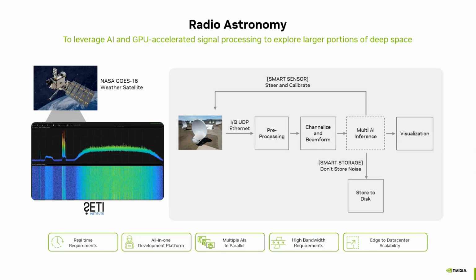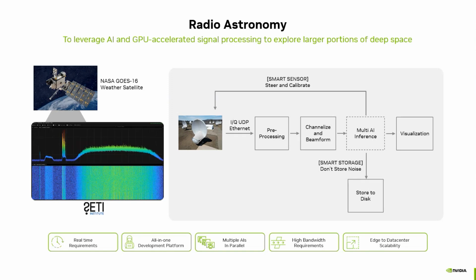The other one is going to help you to have a smart storage, meaning that you go through the data rather than having gigabytes and gigabytes and terabytes of data that doesn't have any insight in it to be stored. This AI model allows you to have a smart storage as well. And then ultimately you do the visualization.